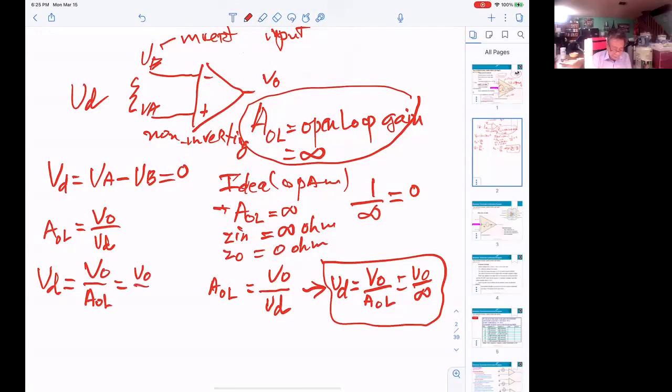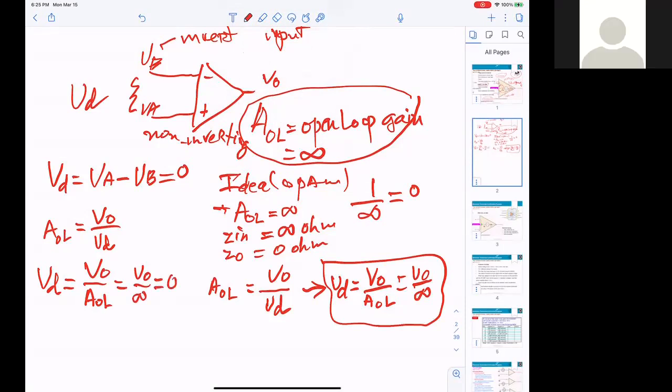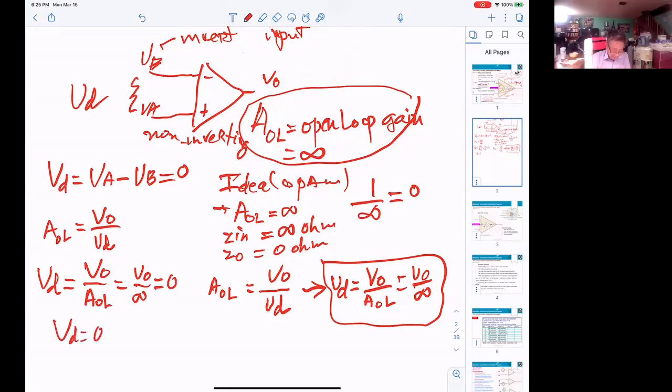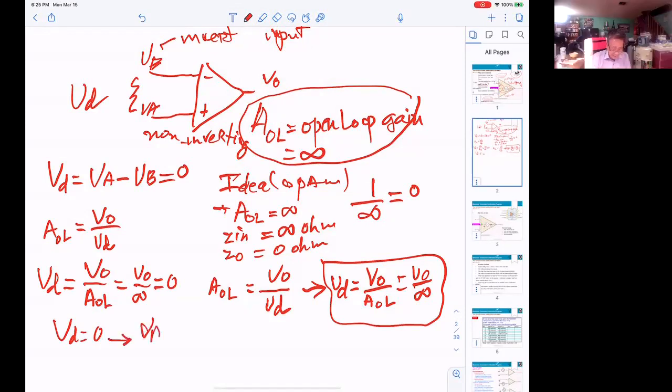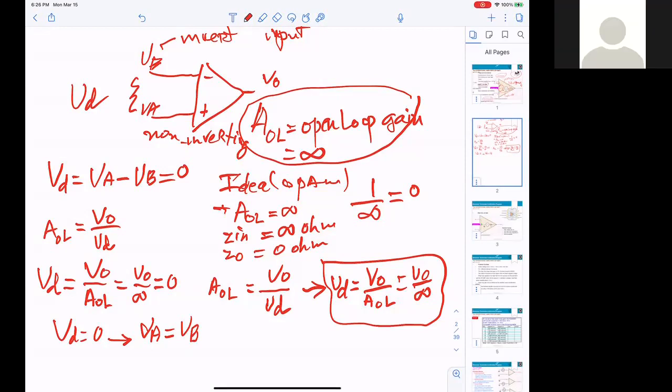That's what I try to prove, it will be equal to 0. That means VD equal to 0. That will be telling you what? VA equal VB. The thing is VD equals VA minus VB.